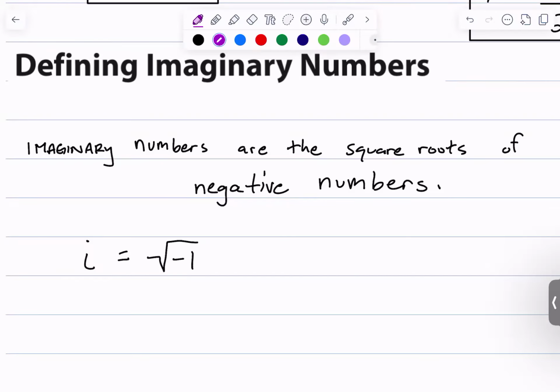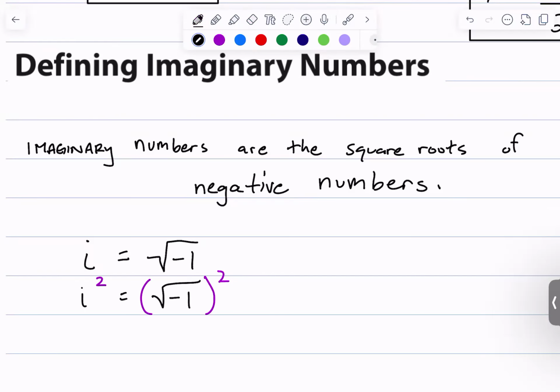So coming back up here, if i equals square root of negative 1, we can conclude that if I square both sides, i squared equals the square root of negative 1 squared.